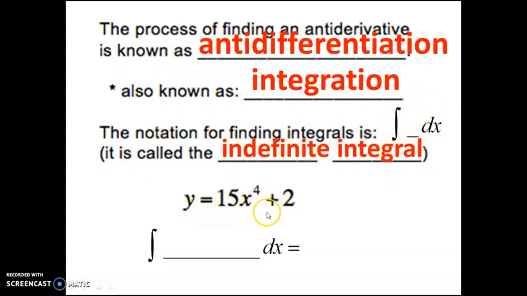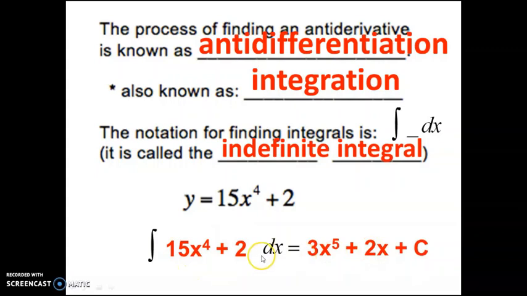So here's that function, and we're going to find the integral of this function. So we're going to put that function in there, and now writing it like this basically tells us, let's find the antiderivative of this. And the antiderivative of this is that. We know by the rule of integration that you're going to add one here, not subtract. That was derivatives.